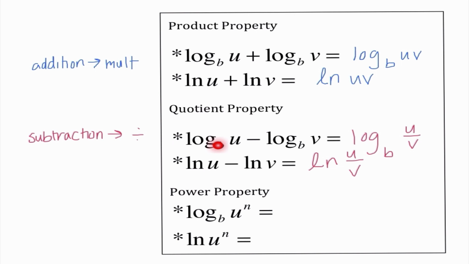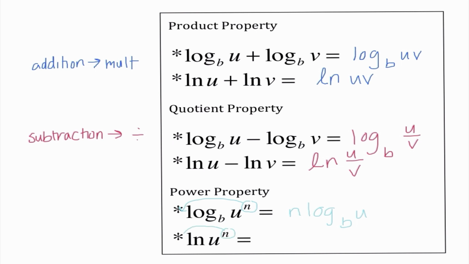The third property we're talking about is our power property, and that's because we have this power, this exponent. What this is telling us is that if I have an exponent here, I can move it out in front to become a coefficient. So log base b of u to the n power becomes n times log base b of u.